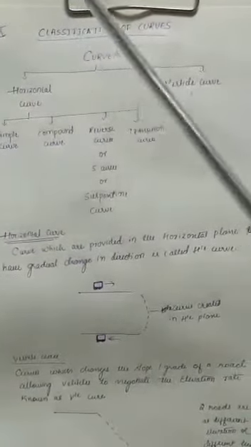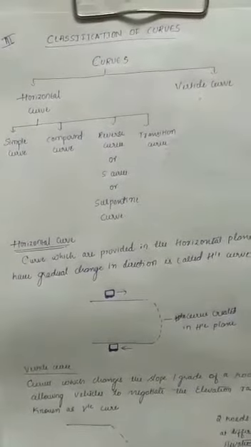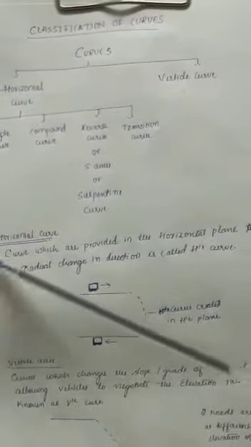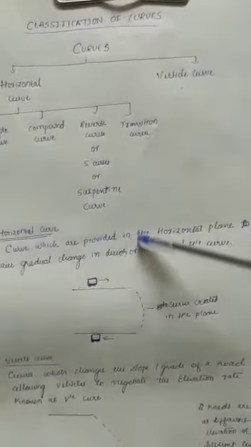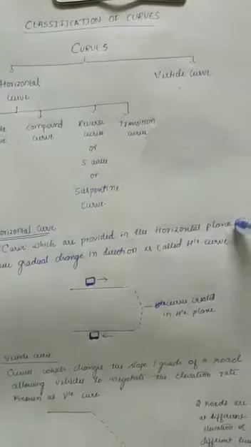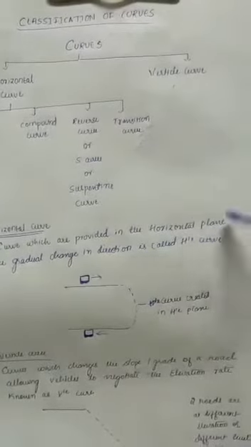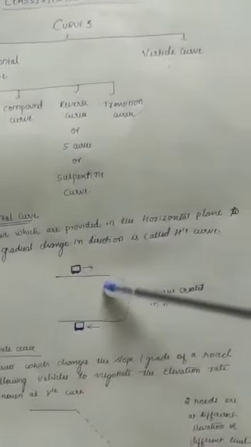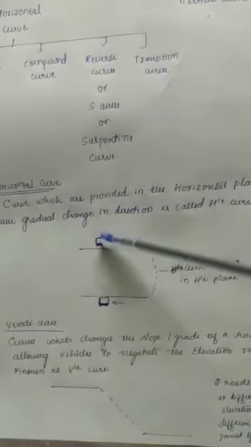Before going to its sub-classification, let us understand what a horizontal curve and a vertical curve are. Coming to the horizontal curve, the curve which is provided in the horizontal plane to have a gradual change in direction is called a horizontal curve. For example, let us consider 2 pathways.